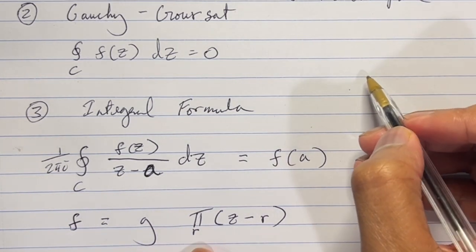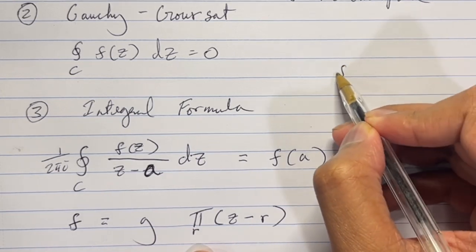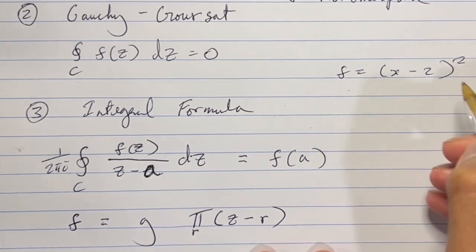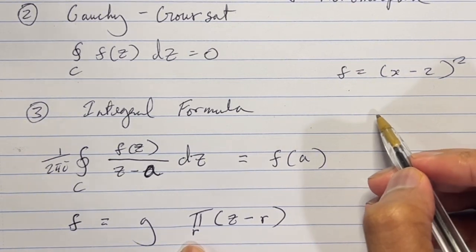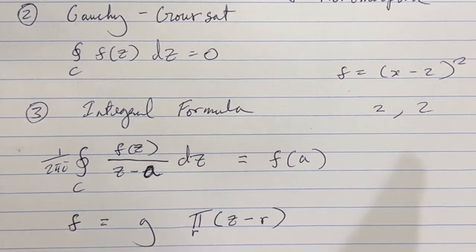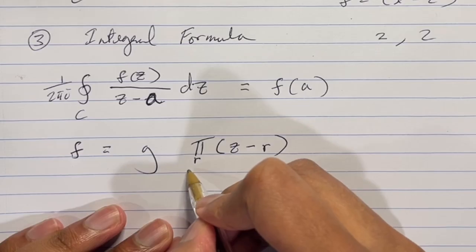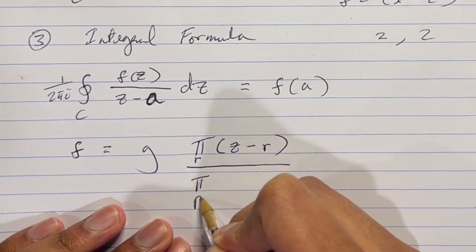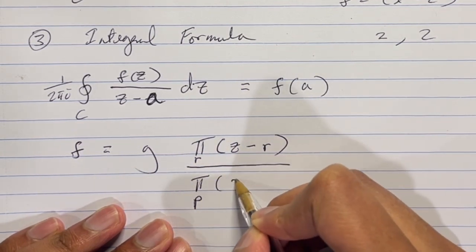If f was equal to something like (x minus 2) squared, then r would be 2 twice. We'd do two separate times instead of just once, and then divided by the product over the poles of z minus p.